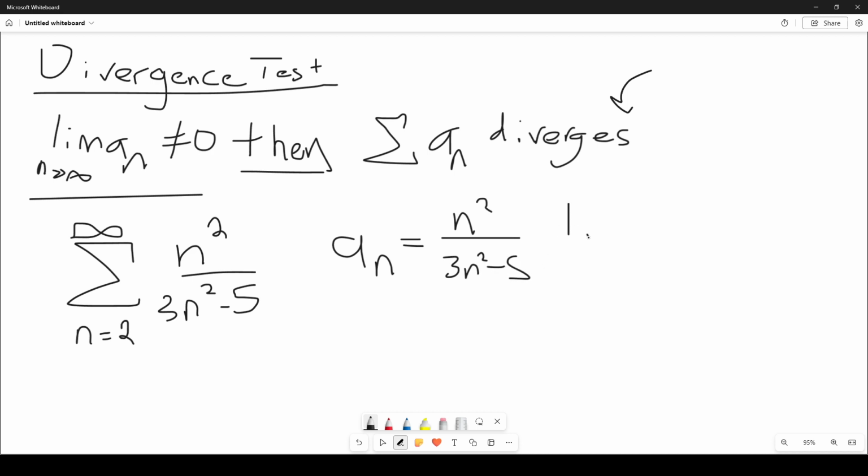If we take the limit as n approaches infinity of a sub n, well, what we get is 1/3. You can get this from L'Hopital, or knowing that this is going to happen, or multiplying by 1 over n squared on the numerator and denominator. Either way, since this doesn't equal 0, our sequence must diverge. So we know this diverges.